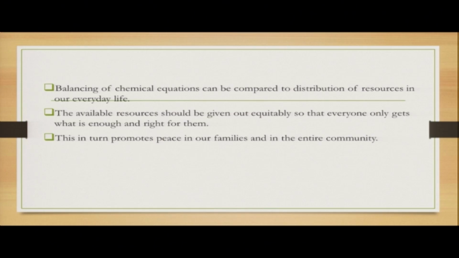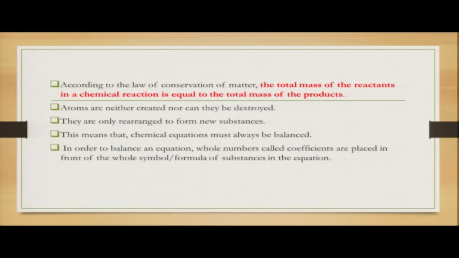The distribution of resources can be either at school or at home, and the services as well. We are supposed to get equal services wherever we go, irrespective of race, color, or size. So that is how we compare the balancing of these reactions to our daily life activities, in our families and in our communities. So it is very important to note.